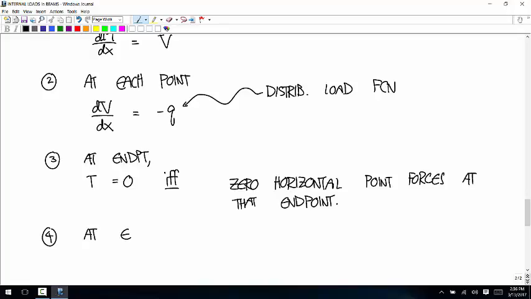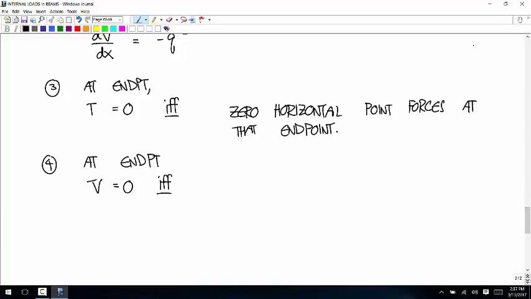Also at an endpoint, the shear force is equal to 0 if and only if. What do you think this is going to say? If and only if there's 0 vertical point force at that endpoint.